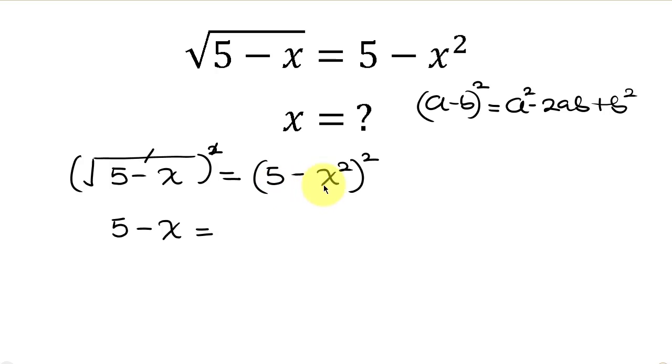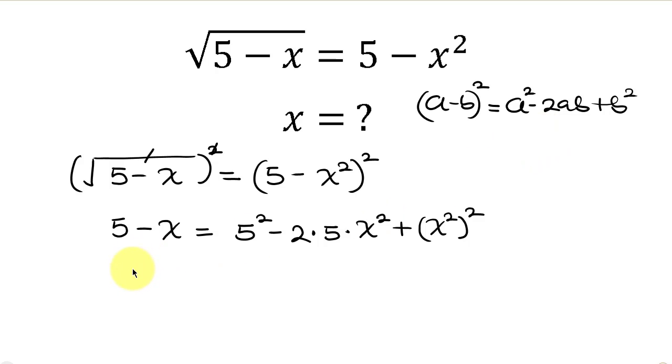Now let's expand this like this. So this can be 5 squared minus 2 times 5 times x squared, and then plus x squared raised to power 2. Very good. Just like this.